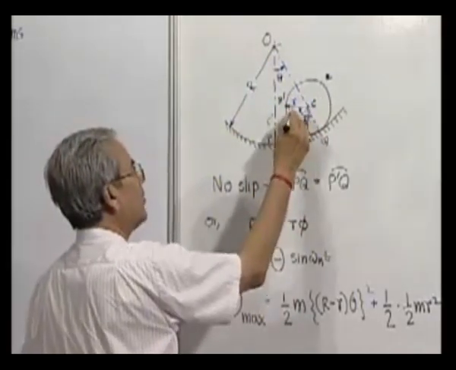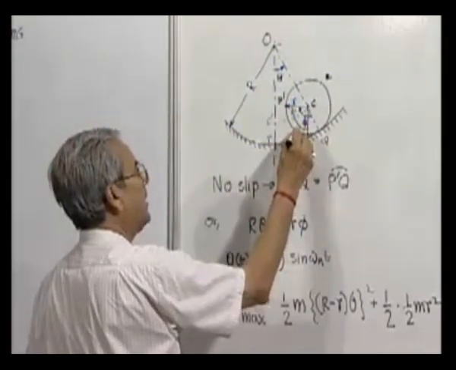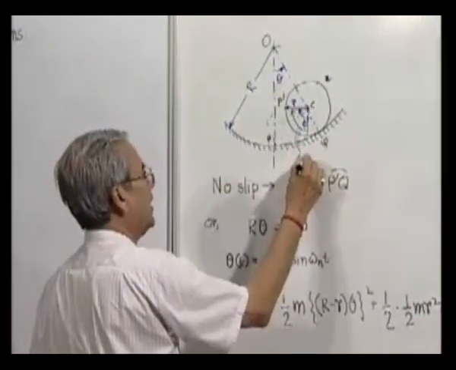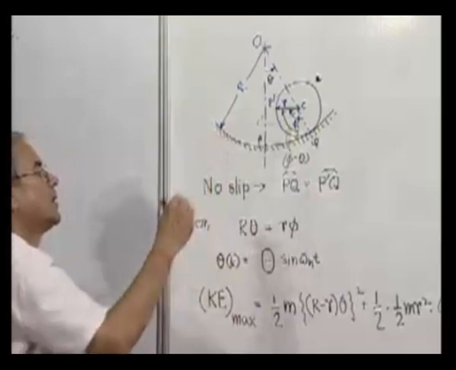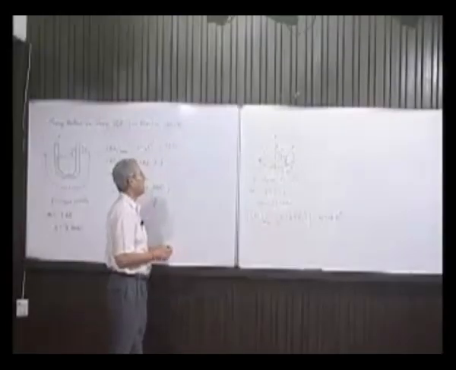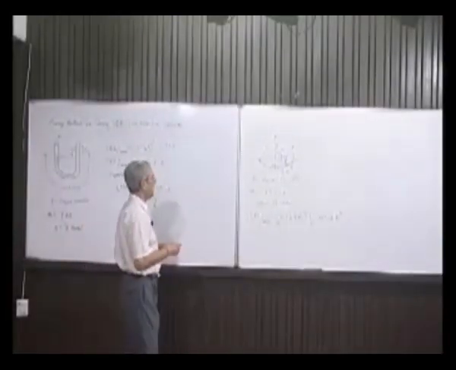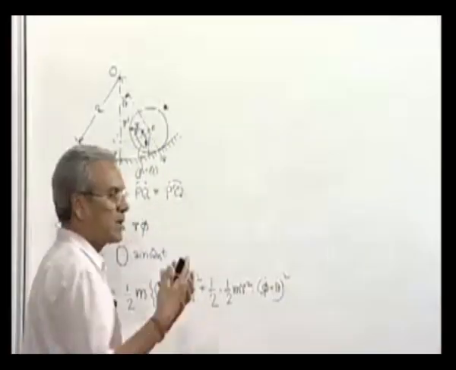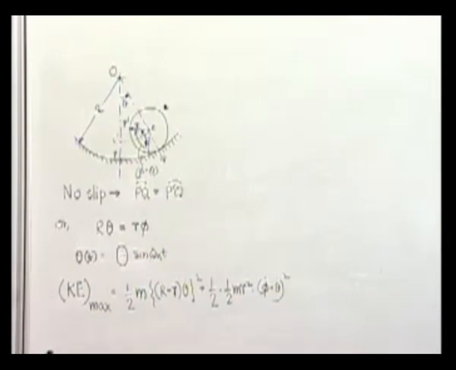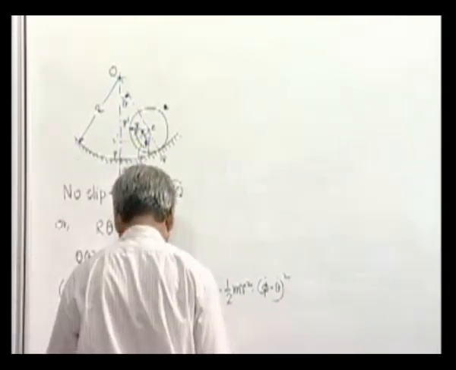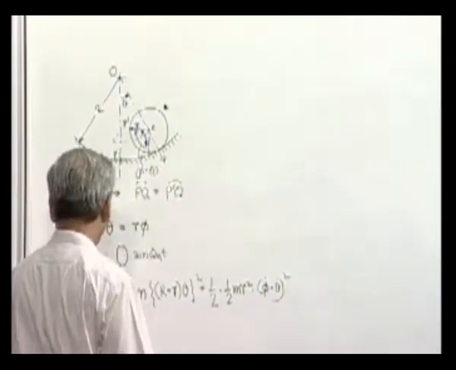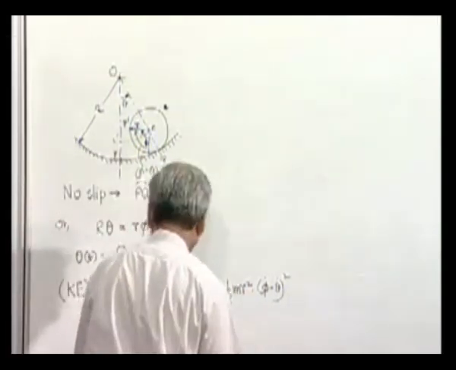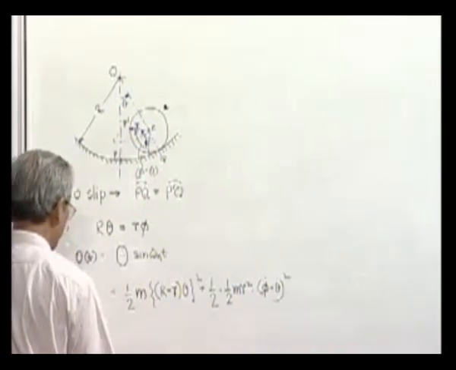So therefore, the rotation is given by this angle, which is phi, that is the total angle, minus this, which is nothing but theta. So the amount of rotation of this smaller cylinder is not phi, but phi minus theta. So the angular velocity of this rolling cylinder will be phi minus theta's time derivative, that is phi dot minus theta dot. That is the kinetic energy, not the maximum value, sorry, this is still not maximum, it is kinetic energy.